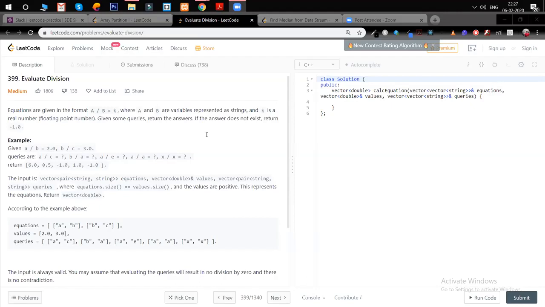From B to C it could have a weight of 3, and from B to A we could have the reciprocal of 2, that's 0.5, and similarly from C to B. I was not able to finish that, but we could have an approach which could lead us to a way from A to C and C to A. Similarly, for more vertices as well, I guess it will help.